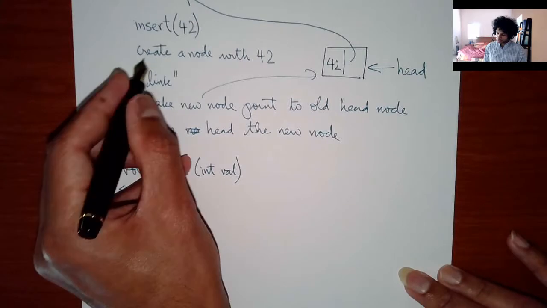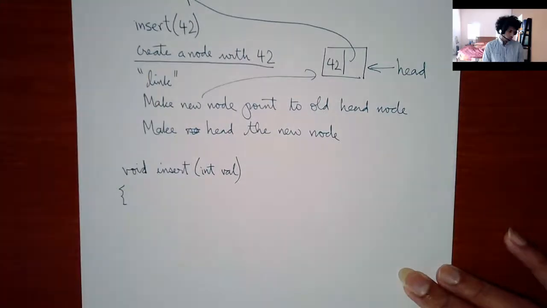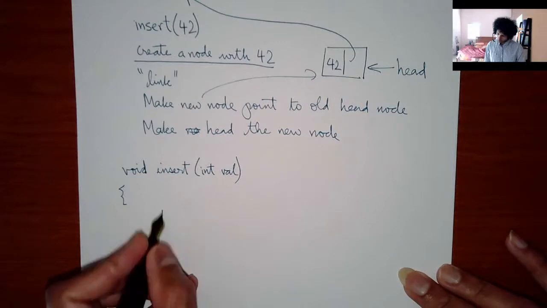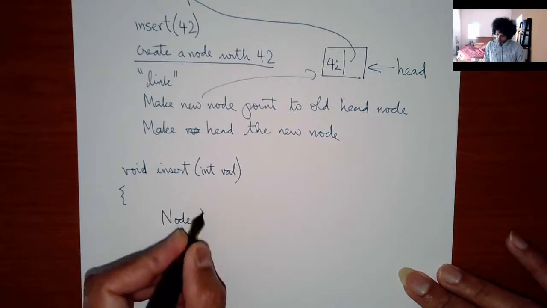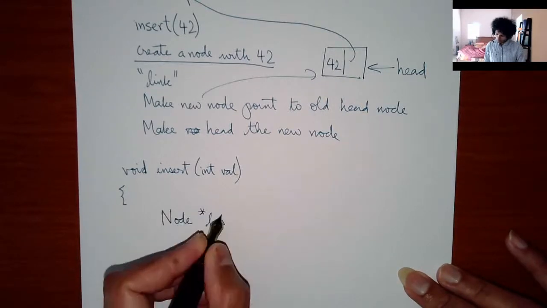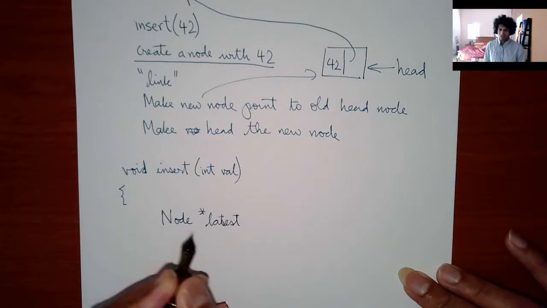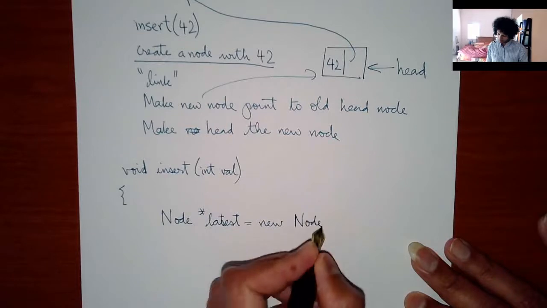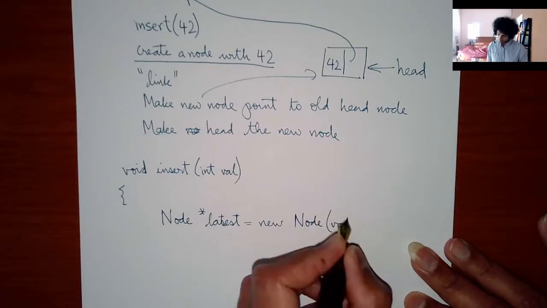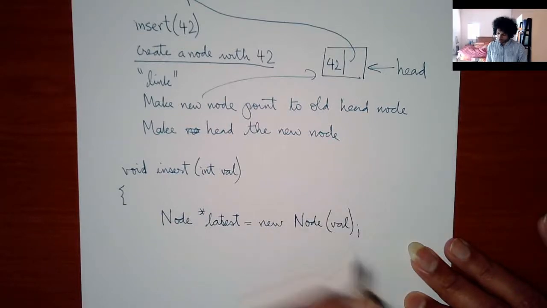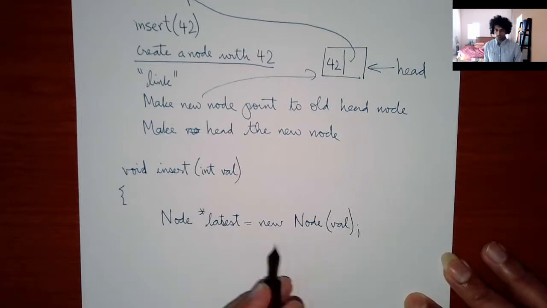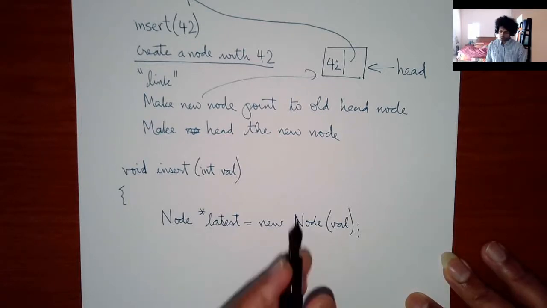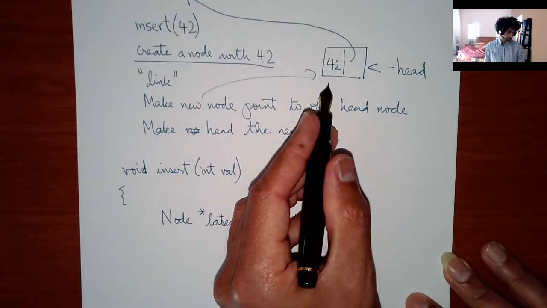The first thing I need to do is create a node with 42. I'll use my constructor to create a new node with the value. This is creating the memory, and this is going to create that node over there.